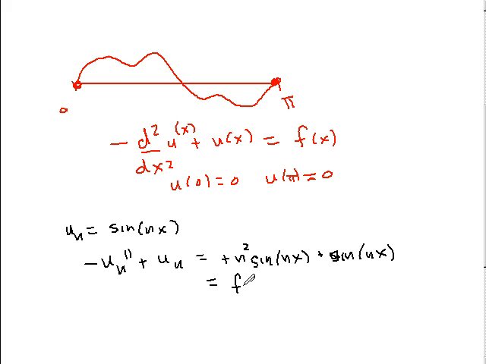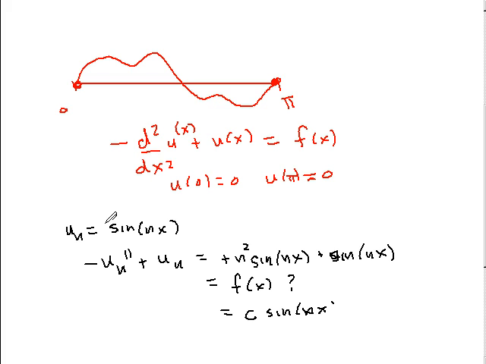Now, I can't really solve that for arbitrary f, but I could solve it if f is of that form. If f looked like a constant times sine nx, could I solve this problem?